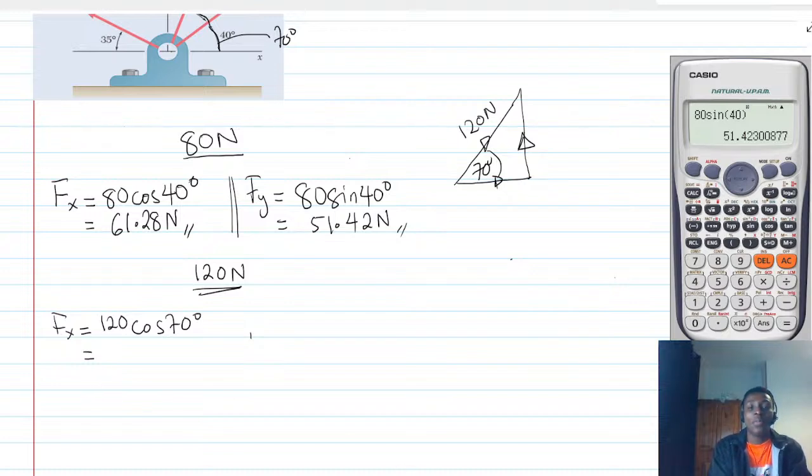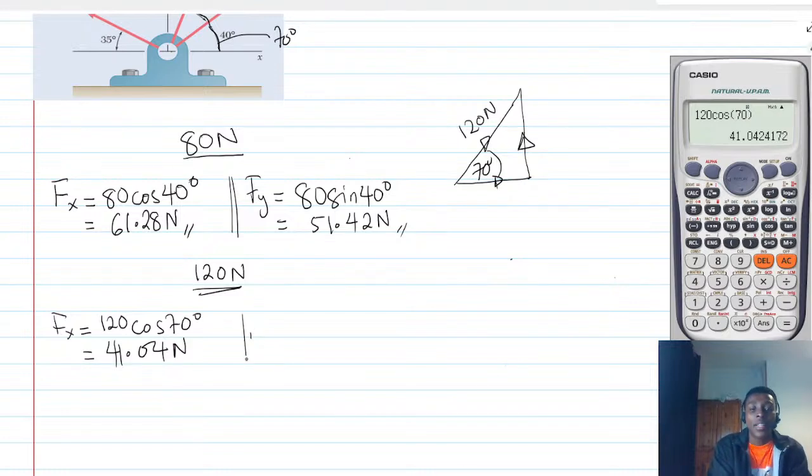Okay, so let's pick our calculators one more time. So 120 cosine 70. 120 cosine 70 is what? 41.04. Is that right?